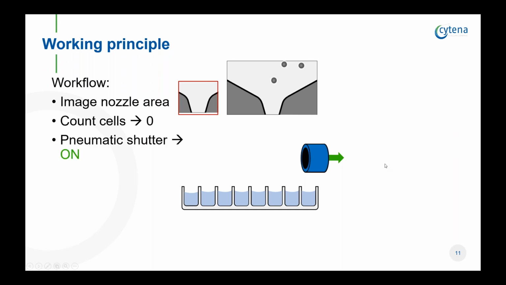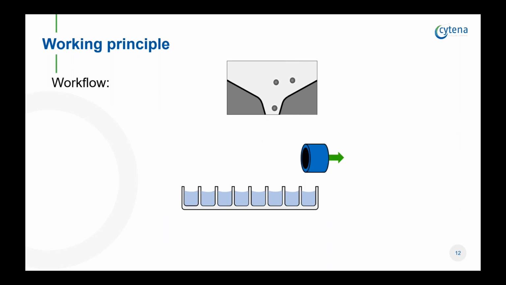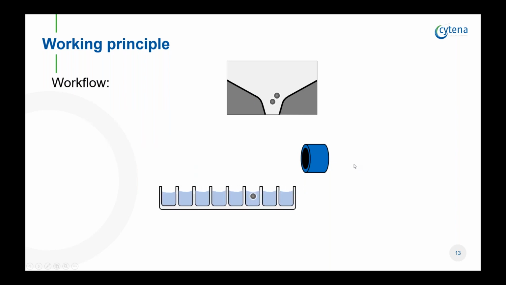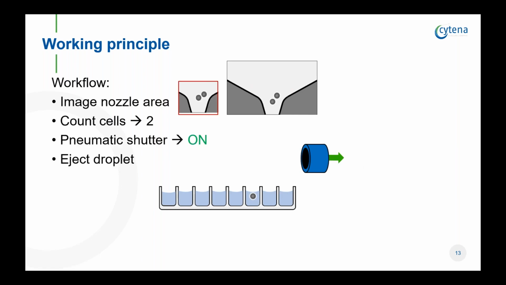In case there is no cell present in the nozzle, the droplets are removed directly after they have been generated, and only if there's a single cell in the nozzle, the droplets are dispensed to the target substrate with the pneumatic shutter switched off. And in case there are multiple cells in the nozzle or cells that do not match the specified properties, the droplets are also removed.